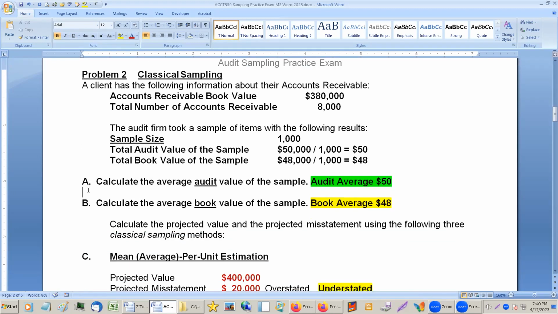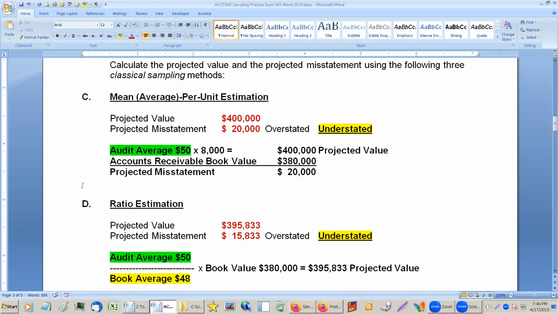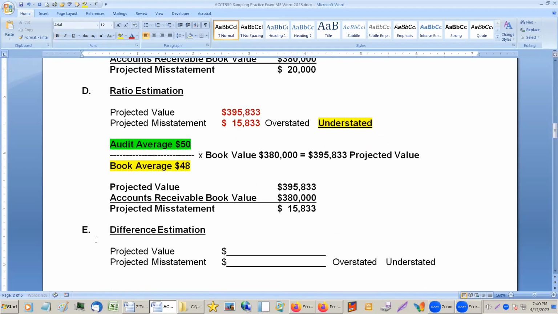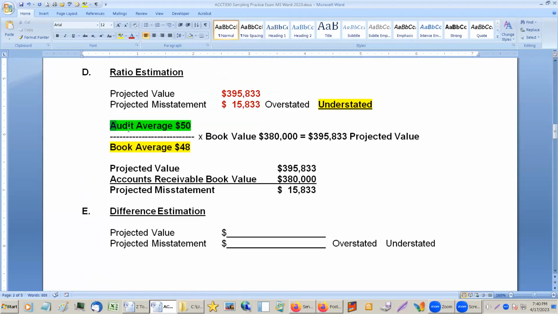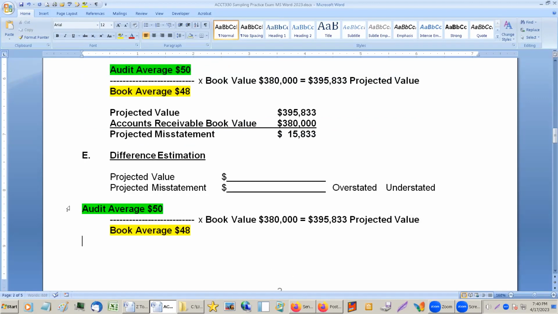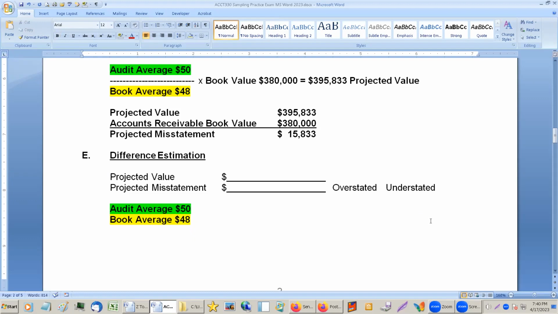Difference estimation says that everything is off by the same amount. Okay, so the difference here is $2.